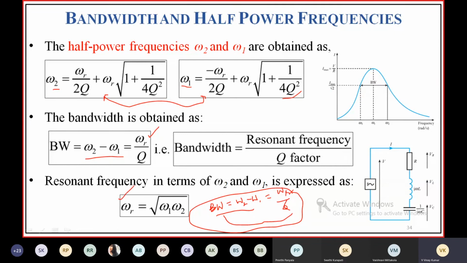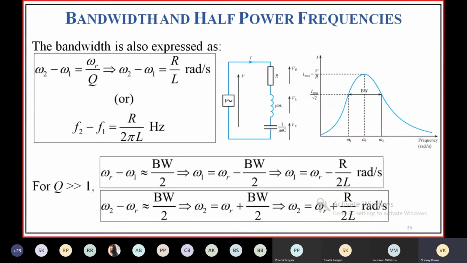This is the geometric mean: WR is equal to under root omega 1 into omega 2. If Q is far greater than 1, or if Q is greater than 10, this resonant frequency is located centrally.